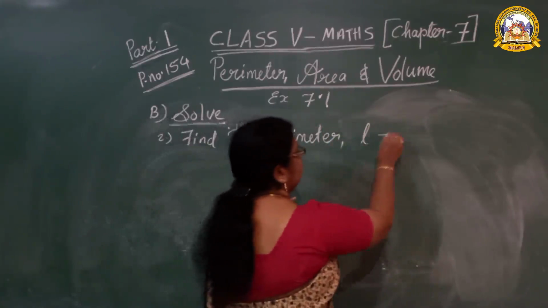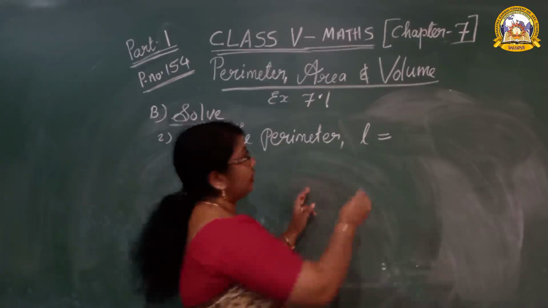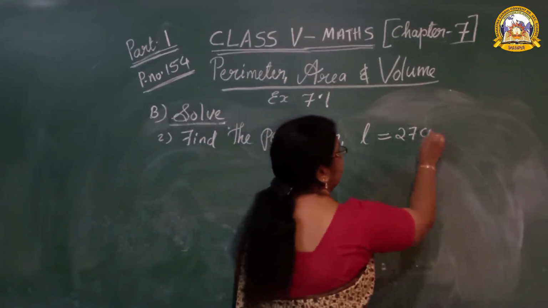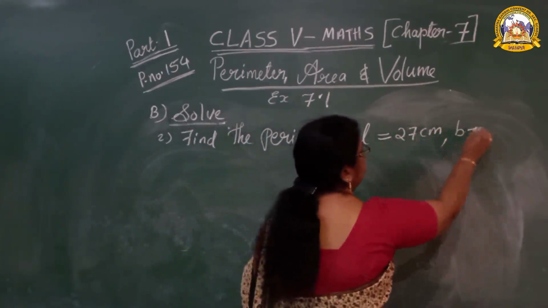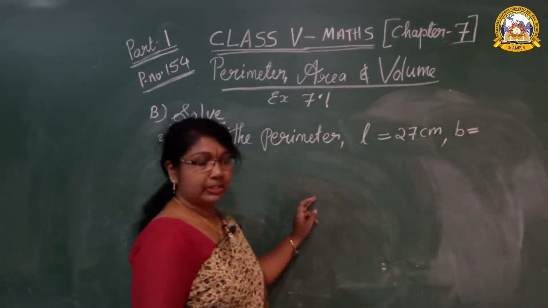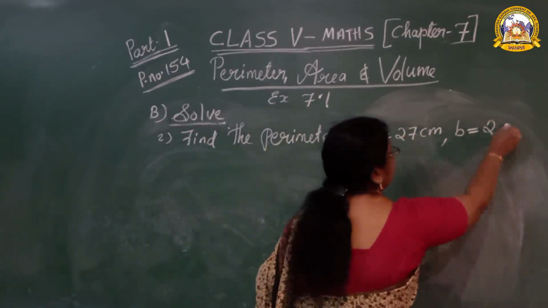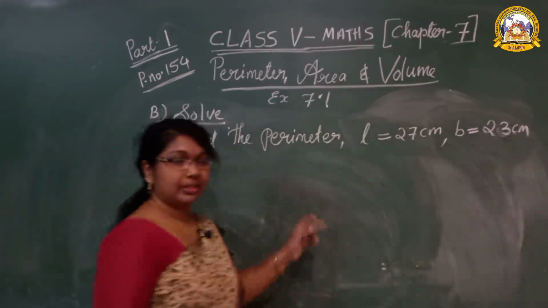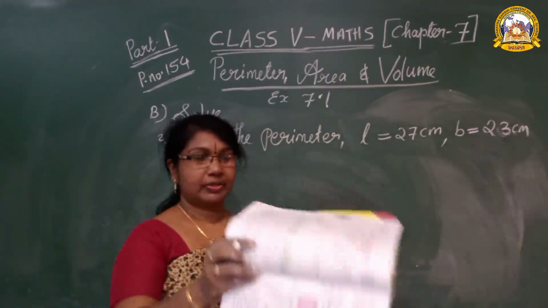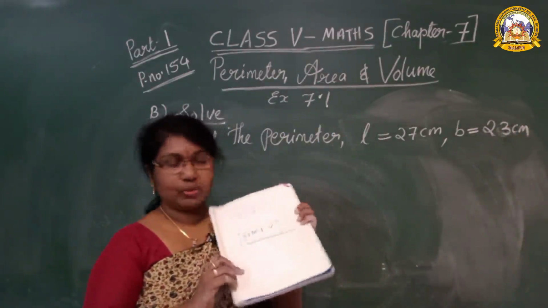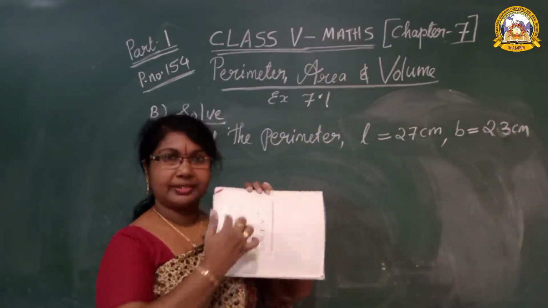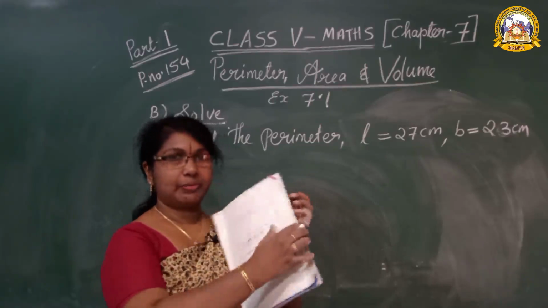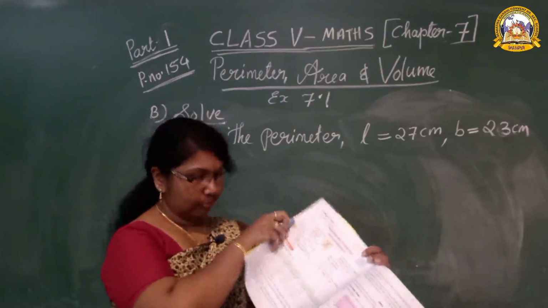Its length is given as 27 centimeter and its breadth is 23 centimeter. Look here, this is your class book. What is the shape of this page? Rectangular shape.